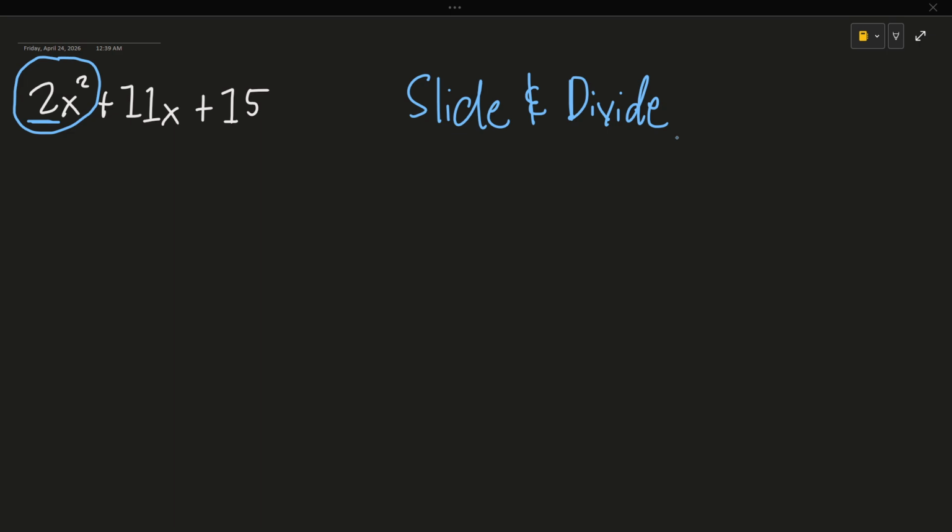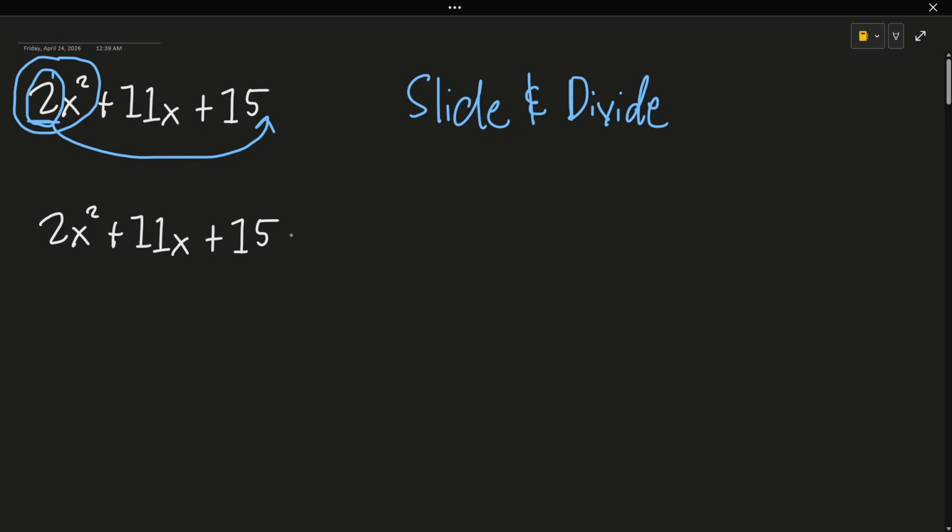Now, what are we going to do? First, you have to slide the number 2 to 15. So what will happen then if that's the case? All right, give me a second. Let me just copy this one for a while. All right, so going back. So yeah, you're going to put 2 beside 15.